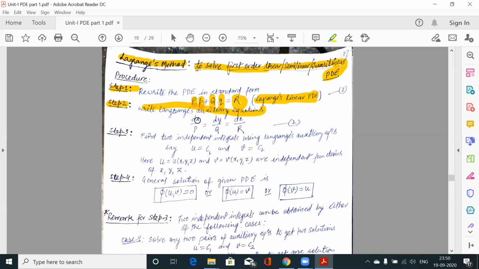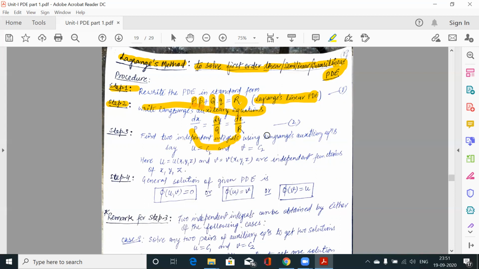Means suppose we are using these two fractions as equal, so we can integrate it and get one solution, one integration. Suppose we are using this equal to this, these two fractions and integration, then we can get a second integration, or this fraction with this fraction to get the other integration.